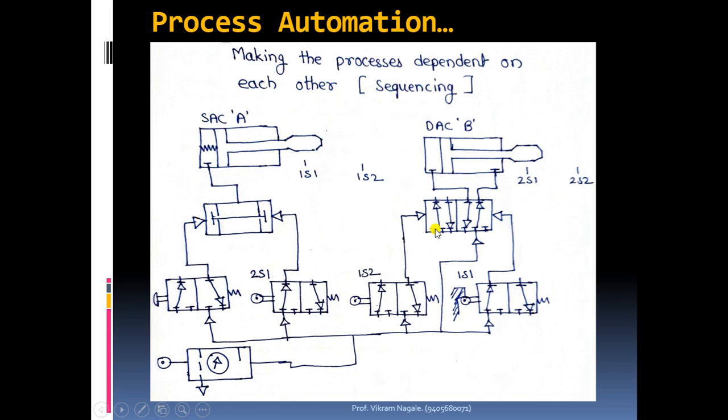Okay, and see what is happening over there. Because of this forward line, the supply coming at port 1 will go to the left side of this piston, and air present on the right hand side of the piston will exhaust into the atmosphere because that will be open.